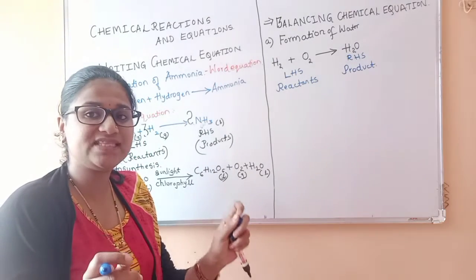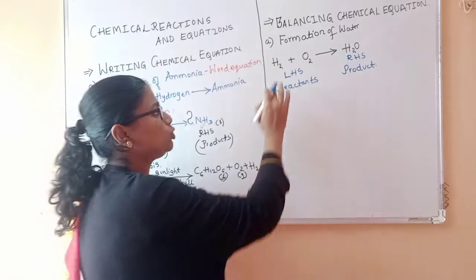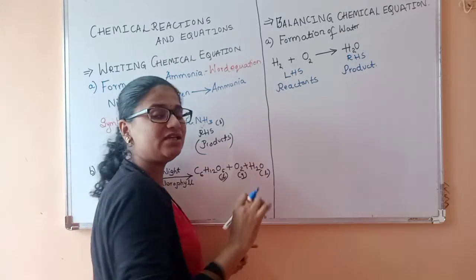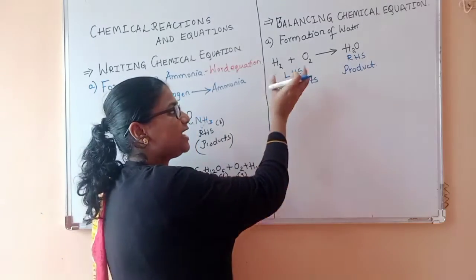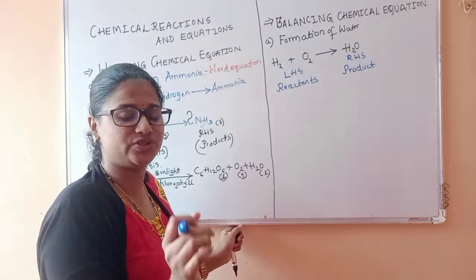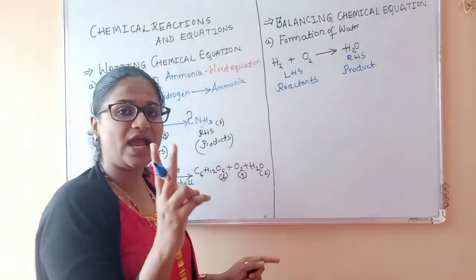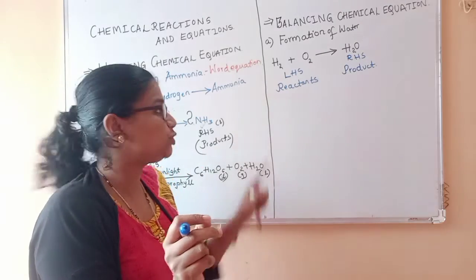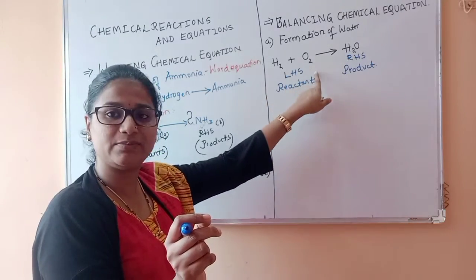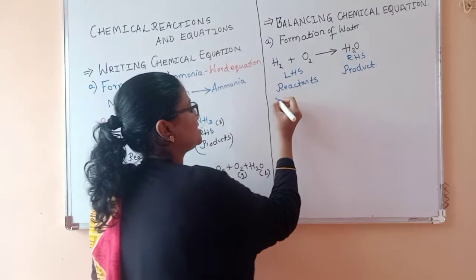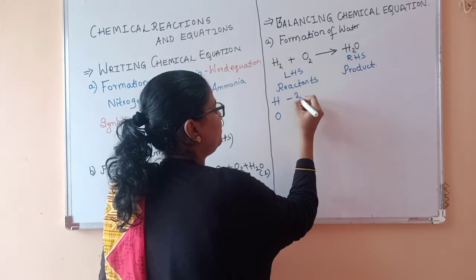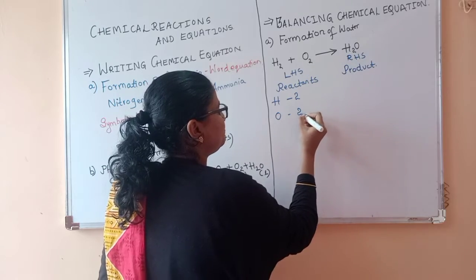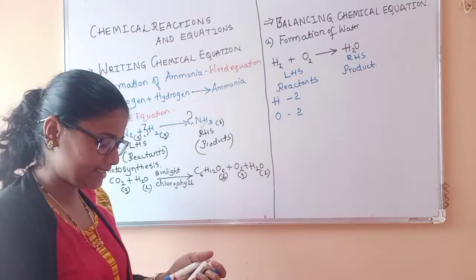For that, what is the first step? First, we have to note down which atoms of elements are present on the left hand side. As this is a very simple equation, we have only 2 elements, 2 atoms of hydrogen, 2 atoms of oxygen. So let us write H, let us write O. H is 2 here, O is 2 here. This is the second step.